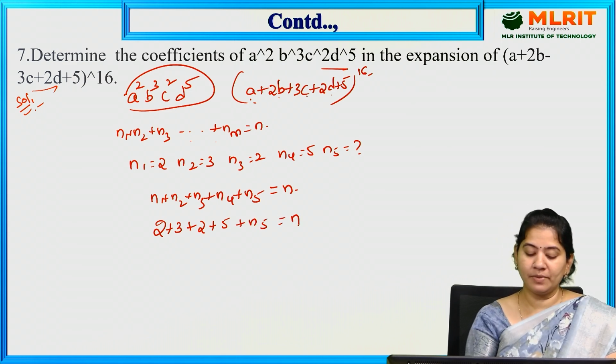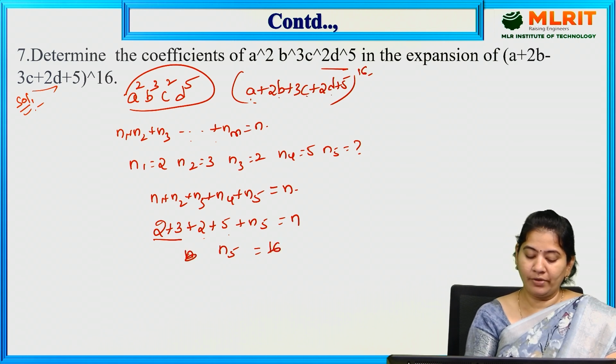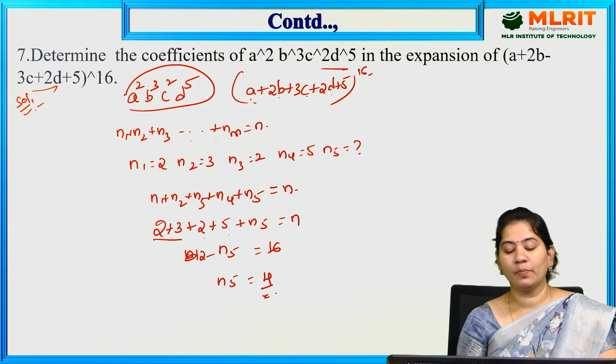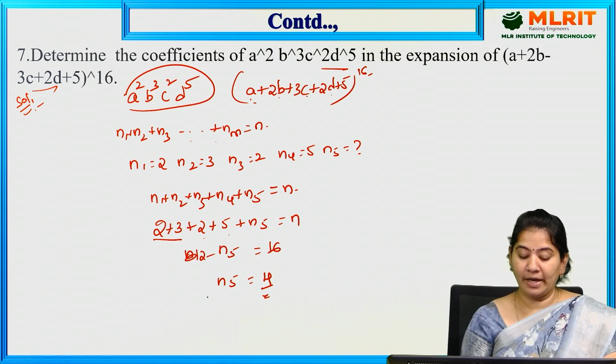So now if we observe here, 5 plus 5 is 10, 12. We know that n is 16 and what we got here is 12. So n5 is equal to 16 minus 12, which is nothing but 4. So as we got here, the n5 term is 4.